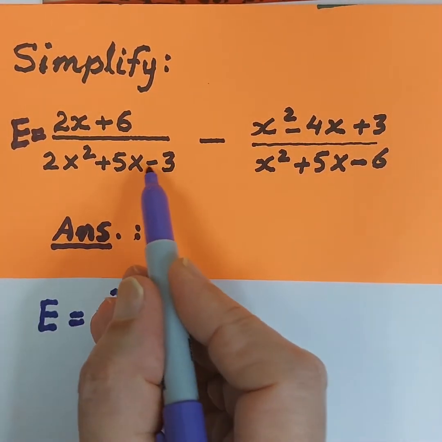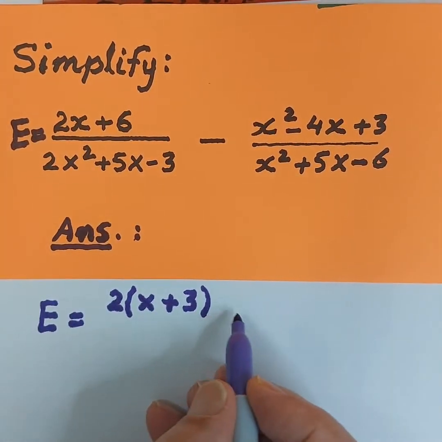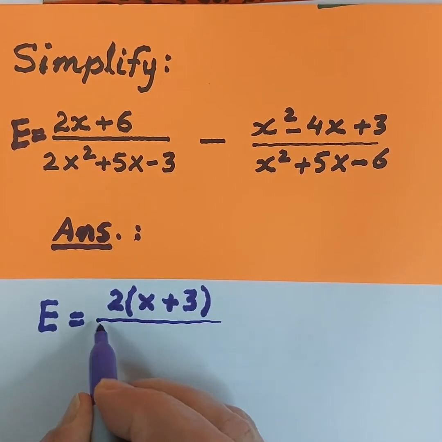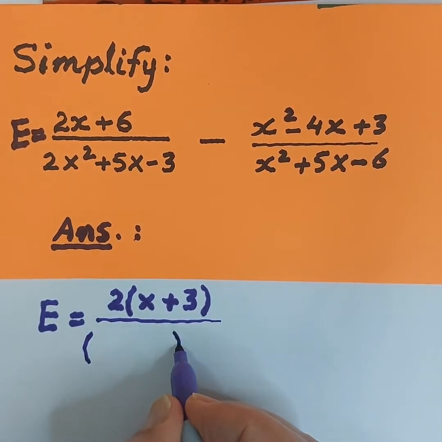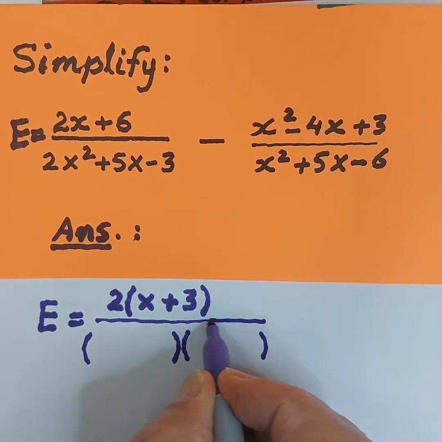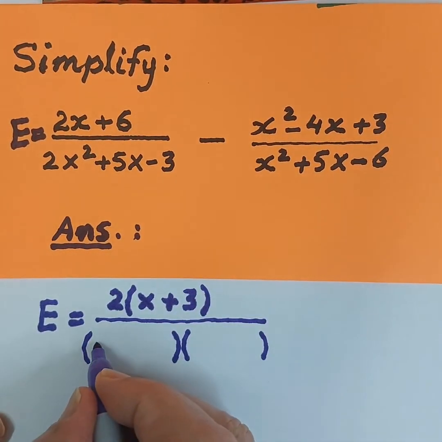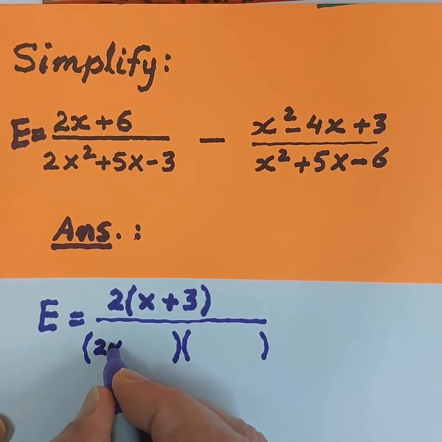For the denominator, this can be factorized. So we can write brackets multiplied by brackets. 2x squared, we can write 2x by x.